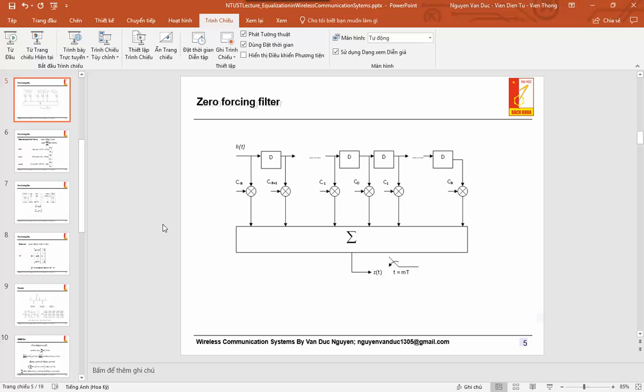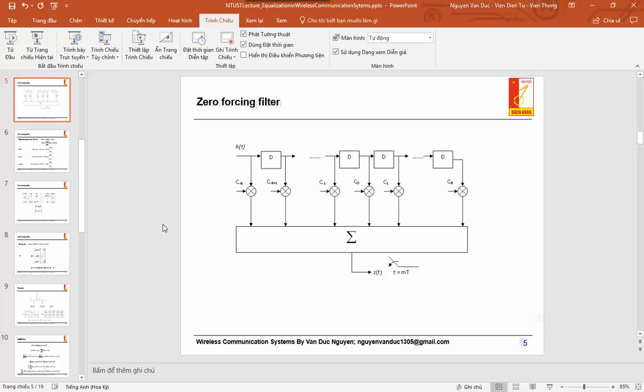Yeah, it's a very simple filter. It is to ensure that you can reconstruct the signal, to avoid multiplicative noise, the noise caused by the propagation channel.